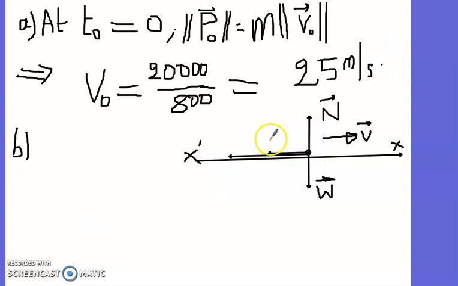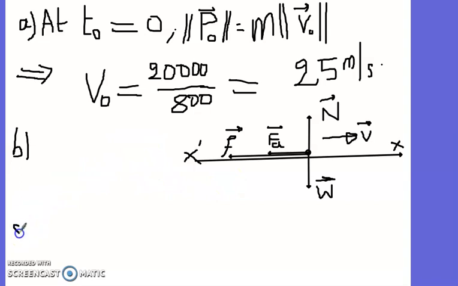So this is air resistance, let me call it F air, FA, for air resistance. And this is the friction force, F. Okay, any problem? You have to name them in the exam. You have to name the forces. But here I do not have enough time to name them.